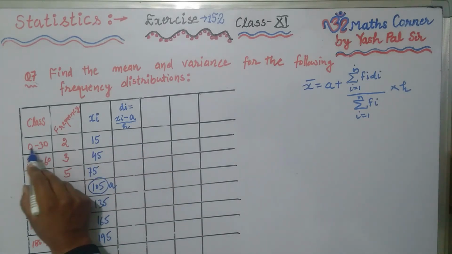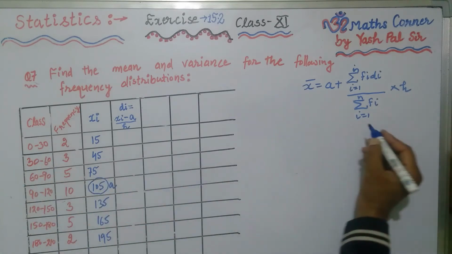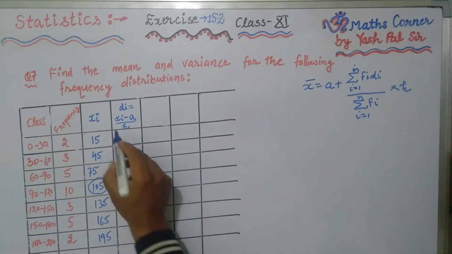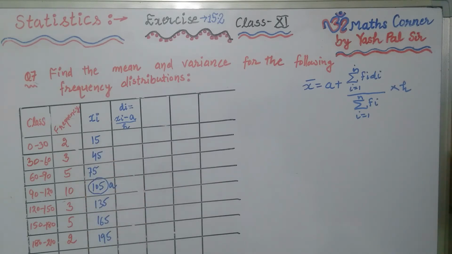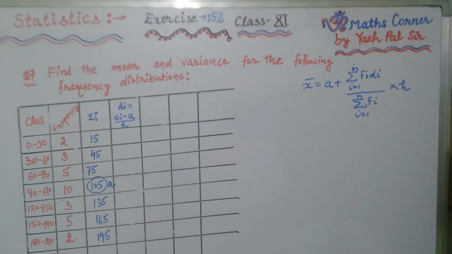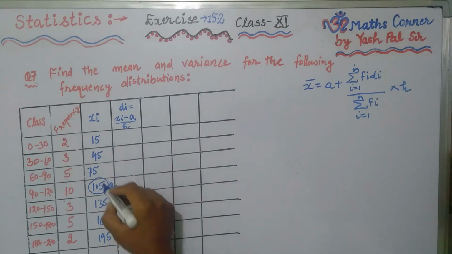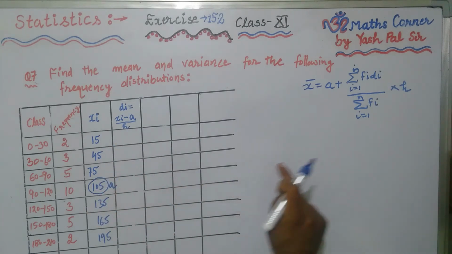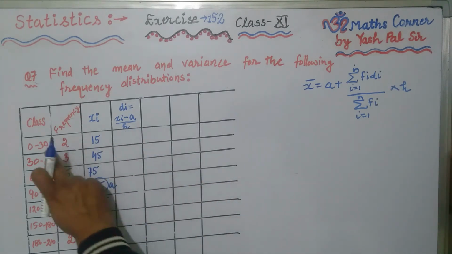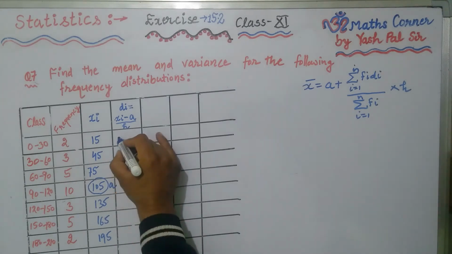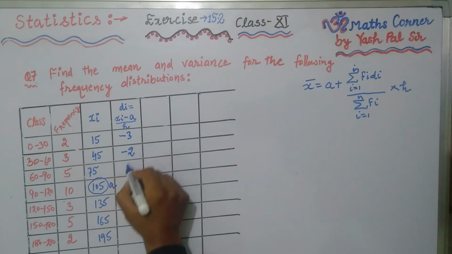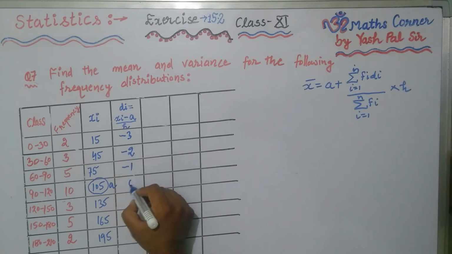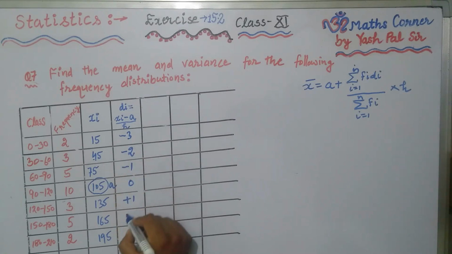H means the length of class interval, which is 30, right? So first of all 15 minus 105, this is equal to minus 90, minus 90 divided by h, h means 30, this is minus 3. Similarly this will be minus 2, then minus 1, 0, plus 1, plus 2 and plus 3.